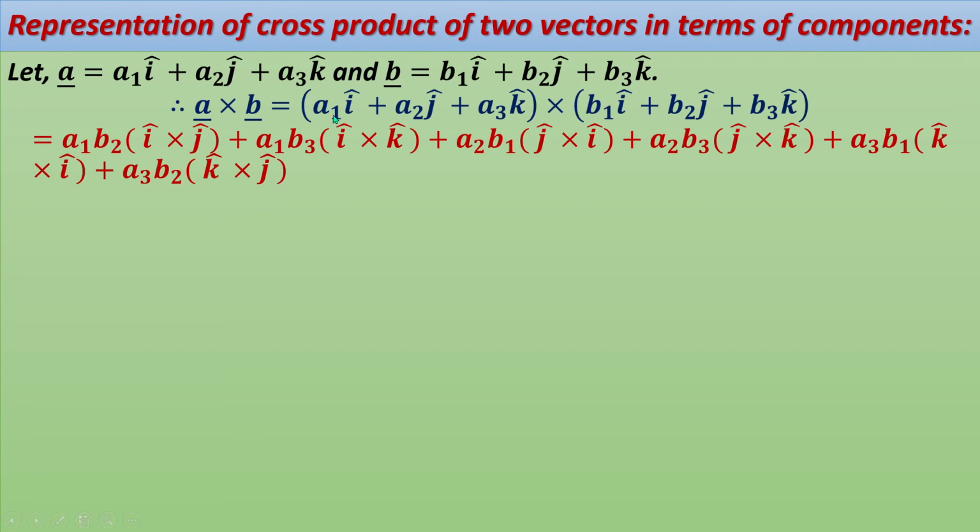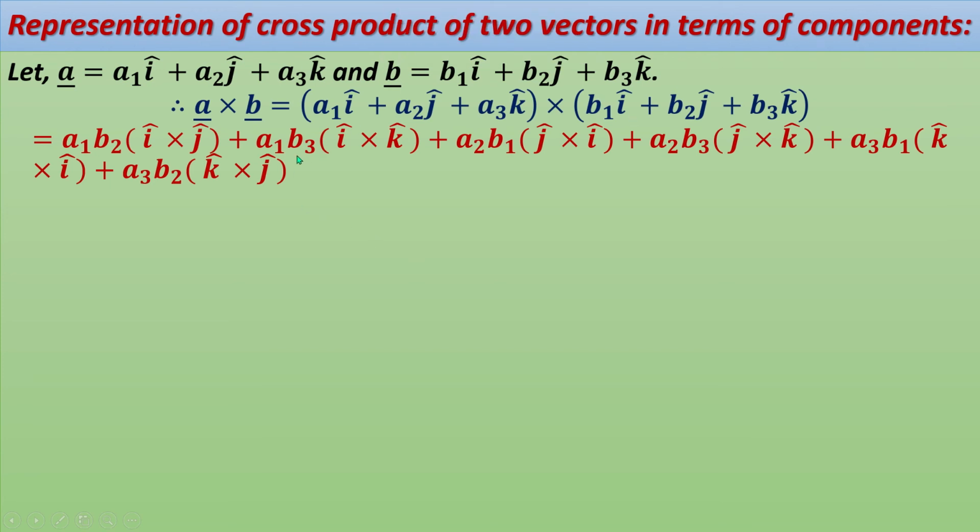But here we do not take i vector into i vector, because i vector cross i vector equals 0. We know this formula because in my previous lecture I had explained how i vector cross i vector equals 0.